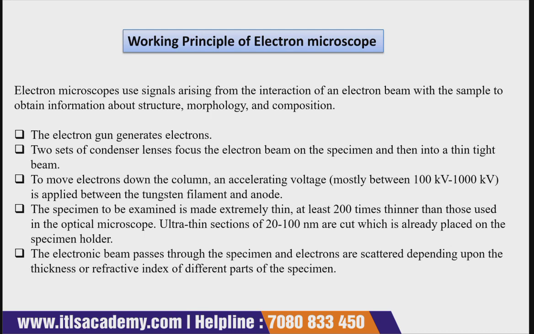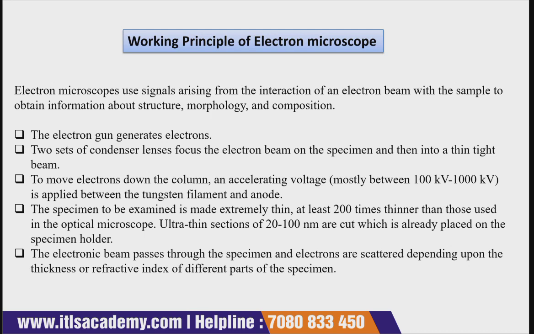There are two sets of condenser lenses, and the condenser lenses focus the electron beam on the specimen and then into a thin beam. They also help to move the electrons down the column and accelerate the voltage.